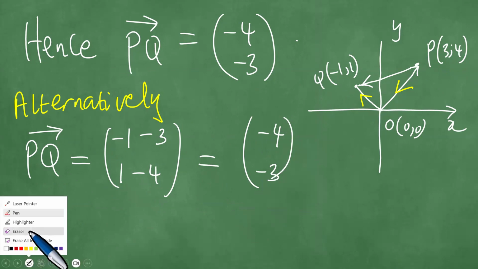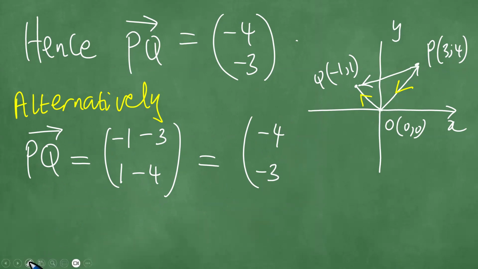We are able to see very clearly that the vector PQ determined using different methods is obviously the same vector.